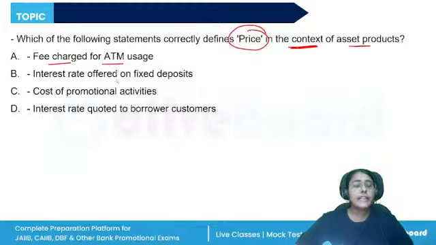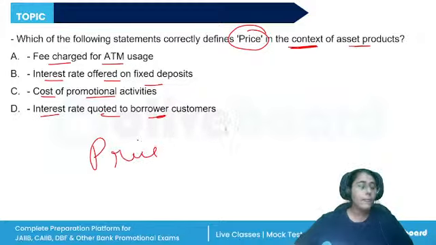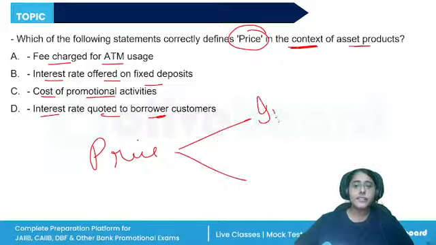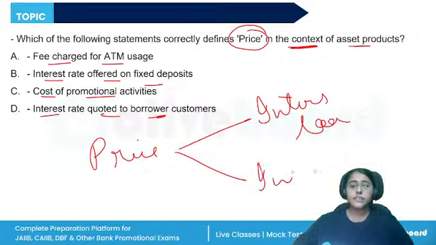All right. Next, which of the following statements correctly defines the price in the context of asset product? Fee charged for the ATM usage, interest offered on the fixed deposit, cost of promotional activities, interest rate quoted to the borrower customers. So there are two types of prices, both of them are interest charged on the loans or the interest paid on the liabilities.